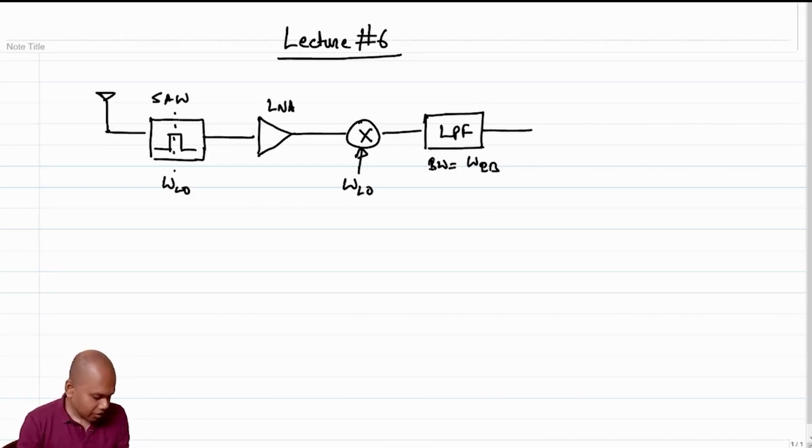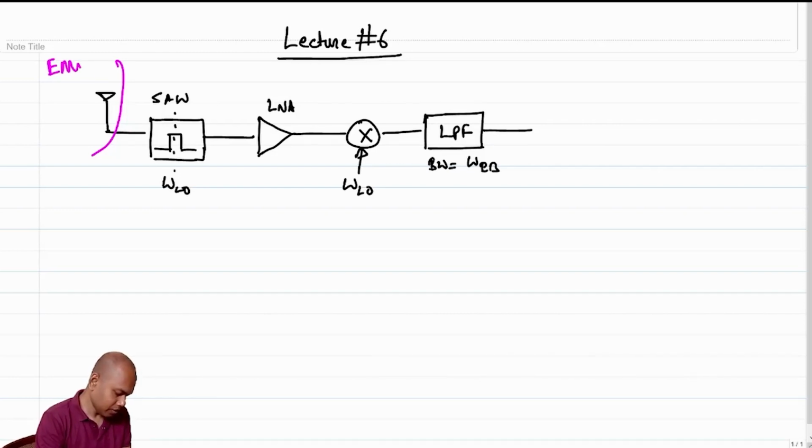Okay, but before going there, let me also give you an electrical analogy of an antenna, right? So till now, the way we have been dealing with it, this side is the electromagnetic wave, EM, and this side is currents and voltages.